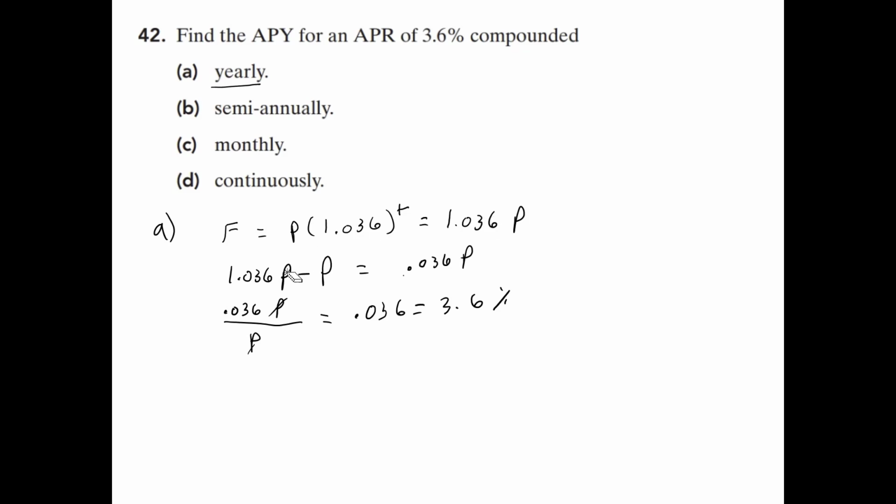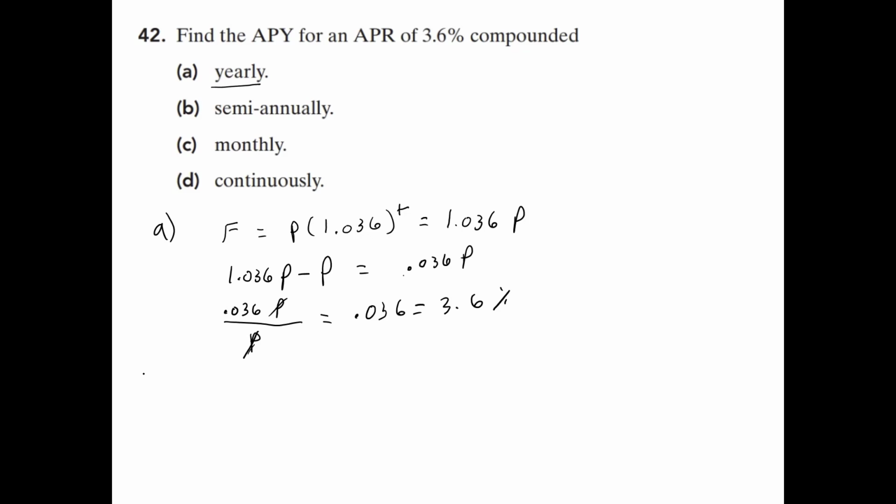To figure out your percent increase, you subtract your original amount to get the amount of increase, which was 0.036P, and then you divide it by P, and the P's go away, so it made absolutely no difference what value we started with. So on problems like this, it's easiest to just say that your original value was $1, right?